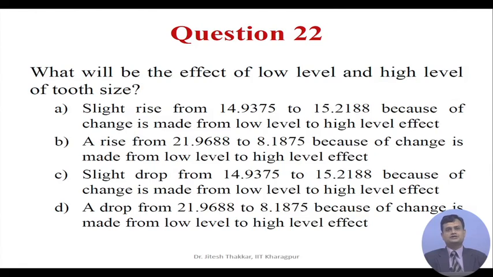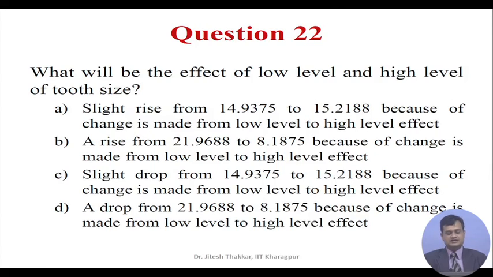Now, we have question 22. What will be the effect of low level and high level of tooth size? You can carefully read the 4 options given on the screen. Will there be a slight rise from a given value to this? Will there be a rise from 21.96 to 8.1875?